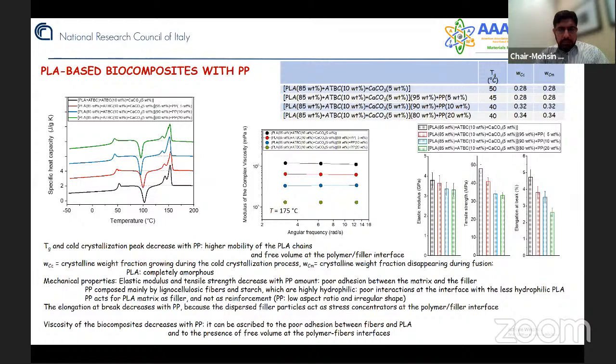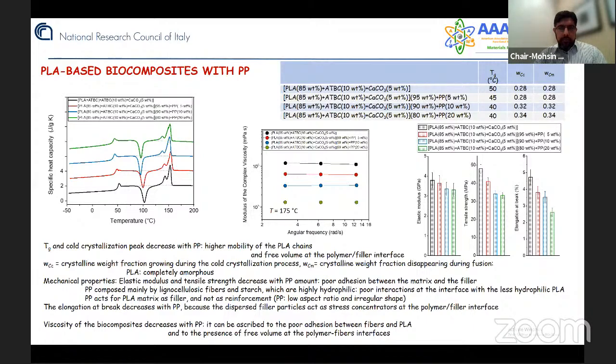From the area of the cold crystallization peak and the area of the melting peak, we calculated the crystallinity that grows during the cold crystallization and the crystallinity that disappears during fusion. These values were the same, which means that PLA was completely amorphous after processing.